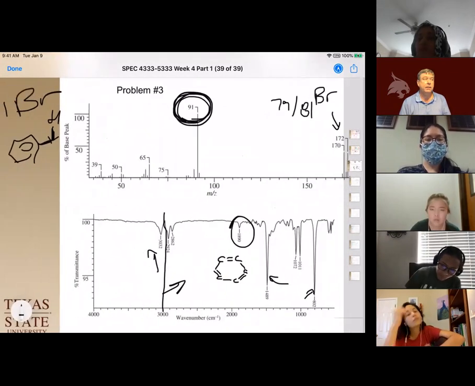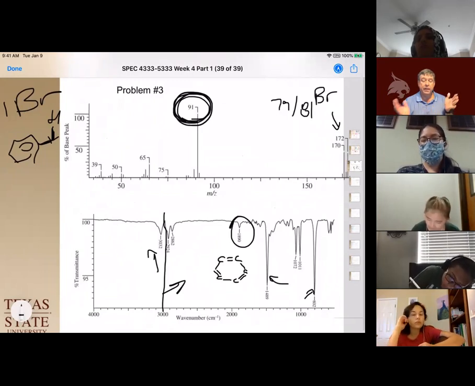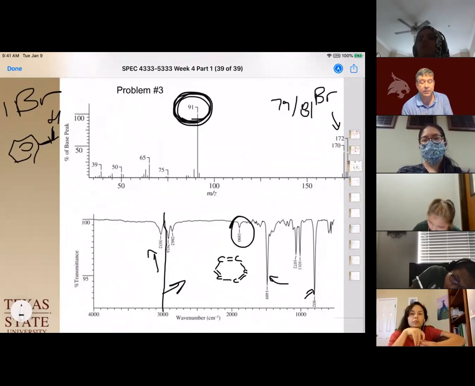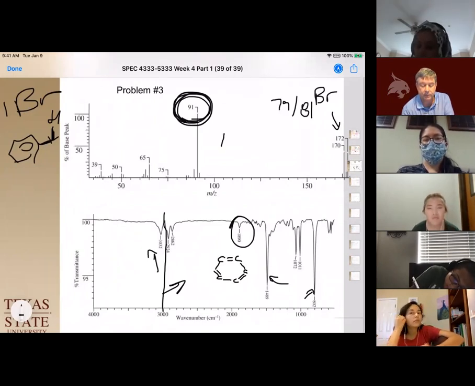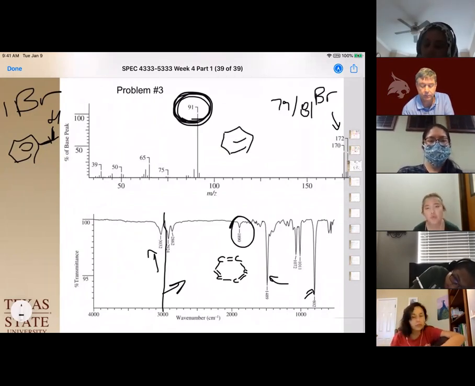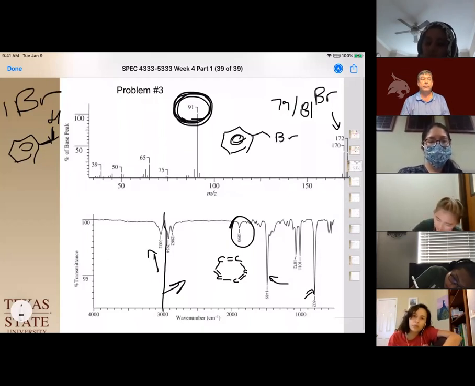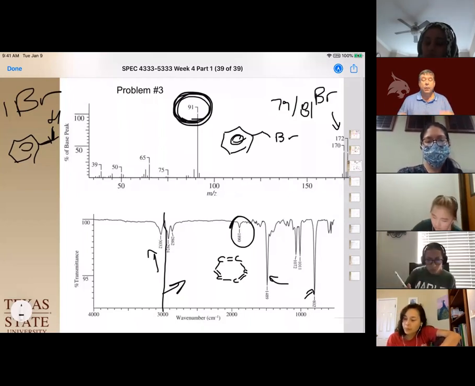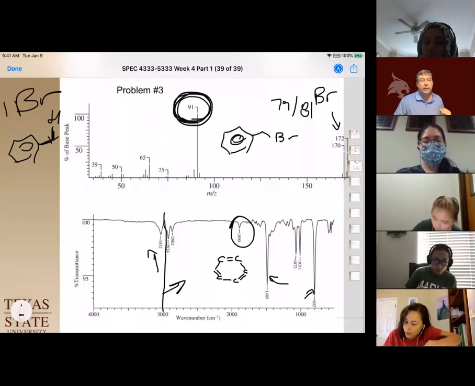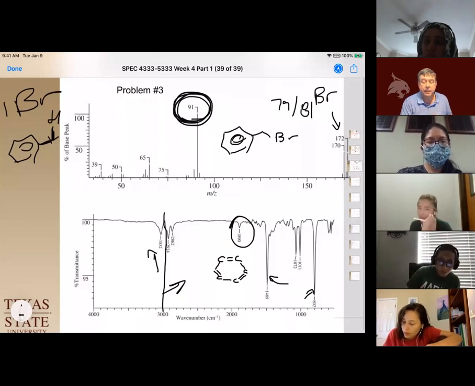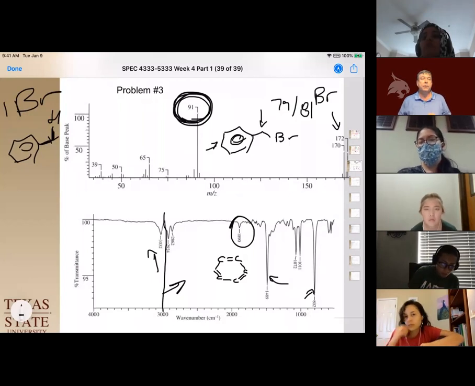So based on what we see, we lose bromine and we immediately get a tropylium ion. So that's telling us those two fragments are just basically added together. Benzene and bromine. So it's benzyl bromide. Okay, why do I say it's on that peak here and not over here on bromine somewhere?